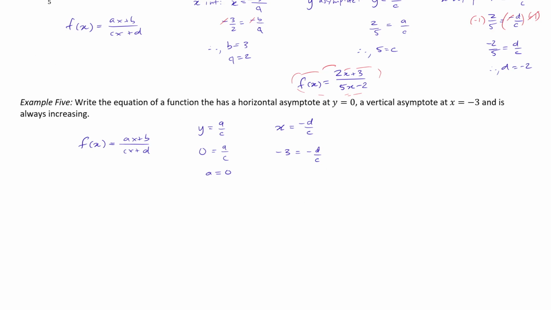So that means canceling out the negatives, okay? Therefore I have 3 over 1 is equal to d over c. So that means that d is equal to 3 and c is equal to 1.